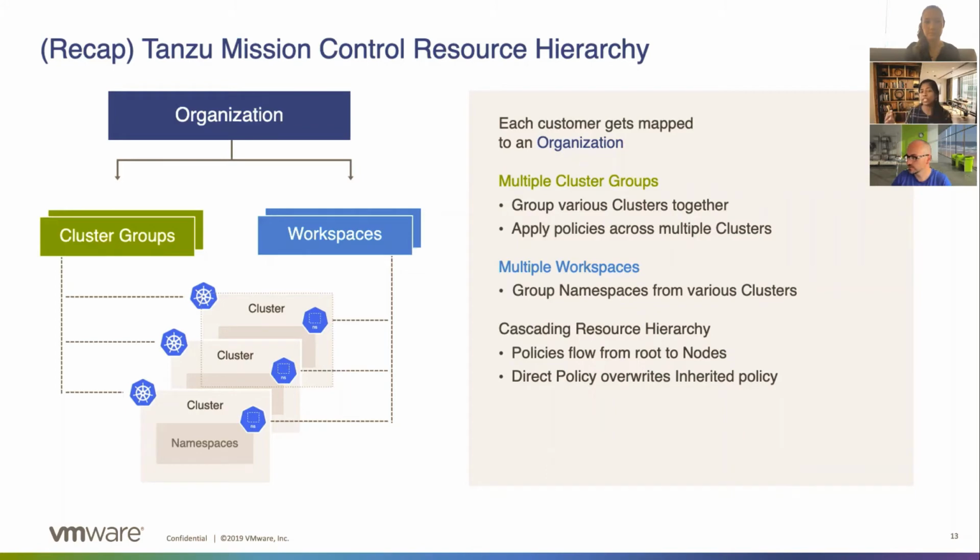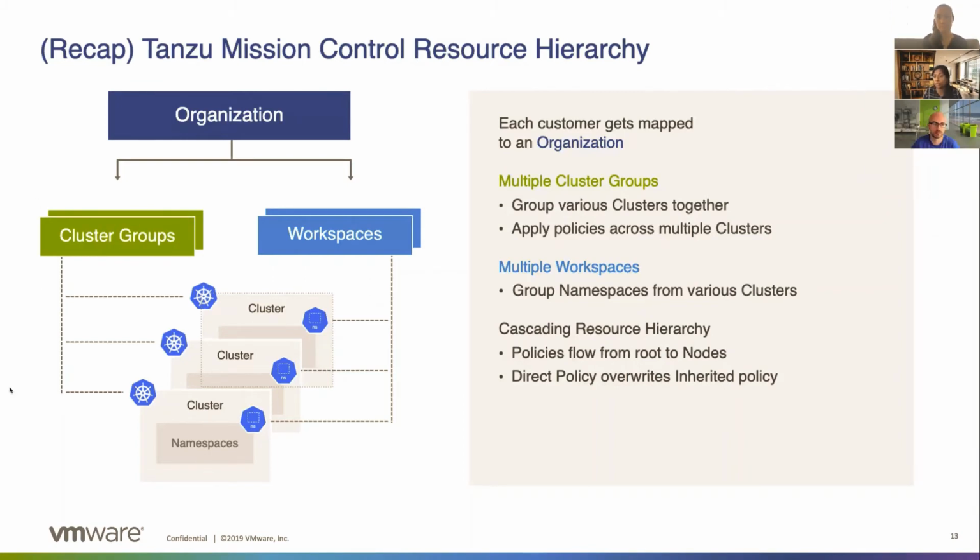But then workspaces, which map more closely to namespaces, if you think of native Kubernetes, can be more application-based and application-driven. One thing I do want to call out, though, is workspaces can be namespaces across multiple clusters, as you can see in this diagram. So for instance, a cluster group can consist of a vSphere cluster, an AWS cluster, and an Azure cluster.